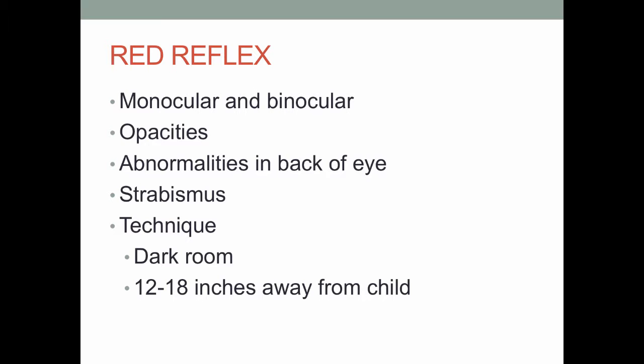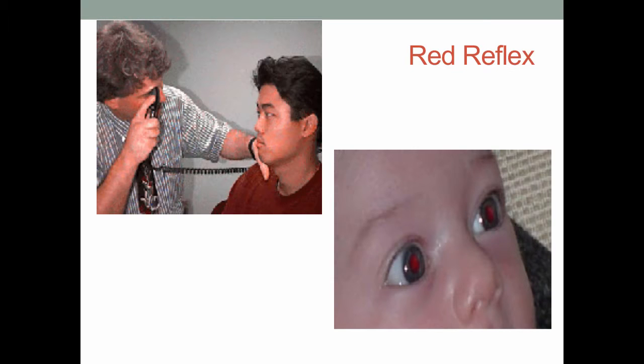It can be associated with strabismus, and for your technique, remember that you're going to turn the light off in the exam room, and your ophthalmoscope needs to be 12 to 18 inches away from the child in order to do this examination appropriately.